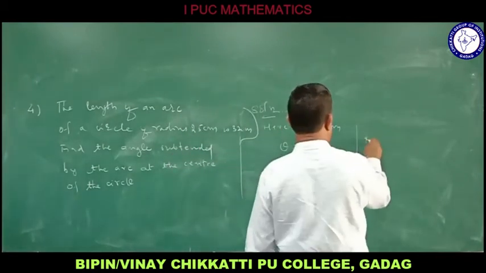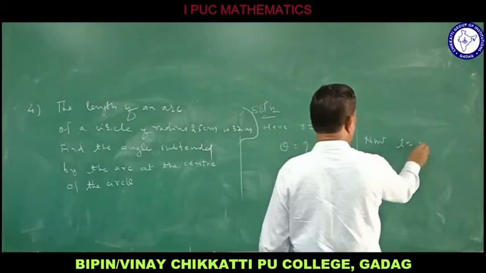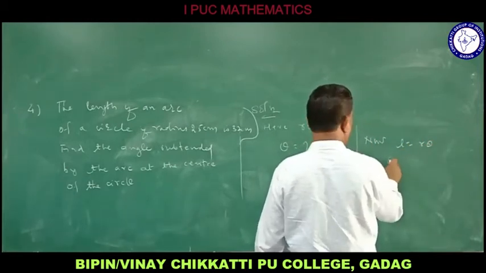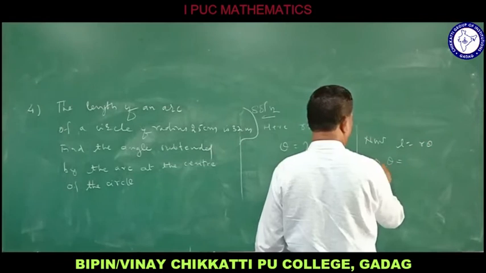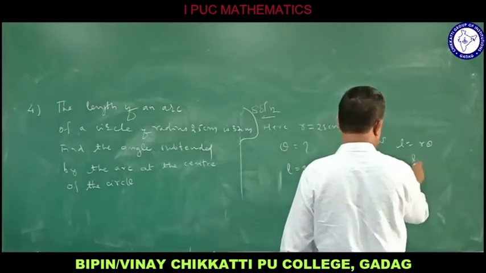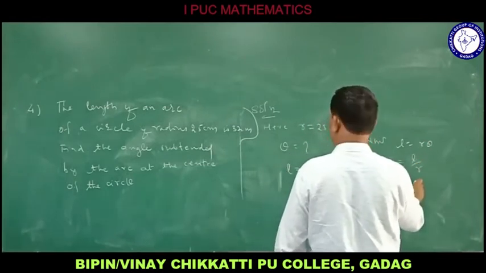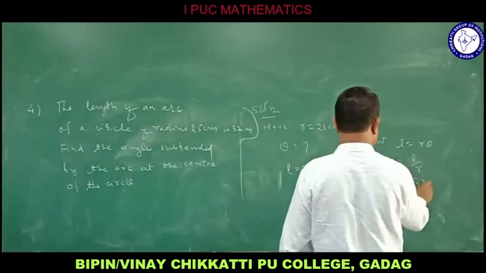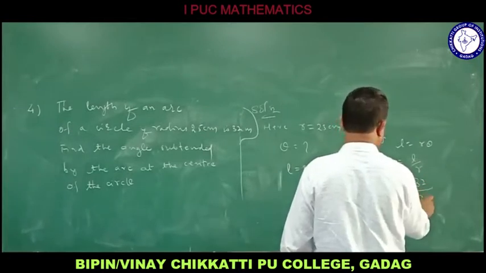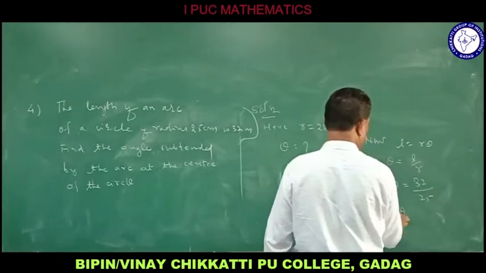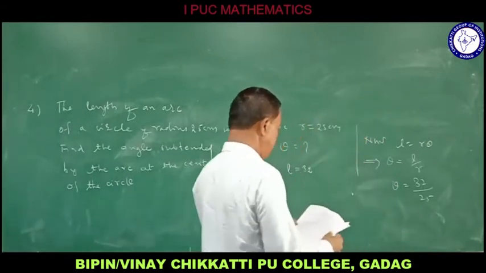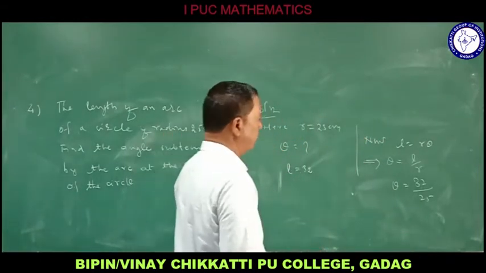Now, the formula is L is equal to r theta. The question is theta is equal to L by R. Theta equal to L means 32 by 25. So here you see the answer 32 by 25. What is this?